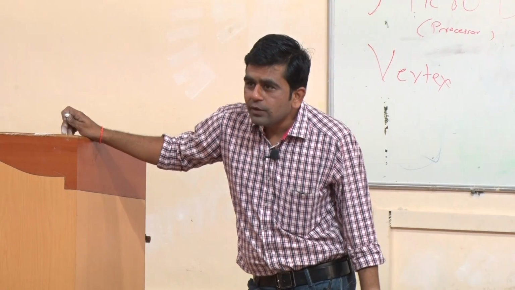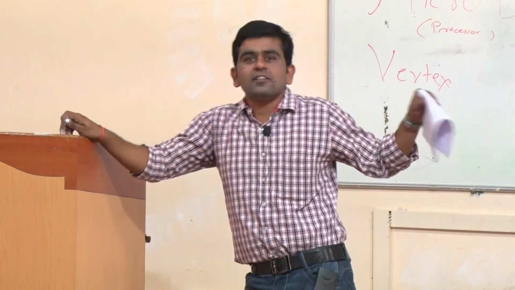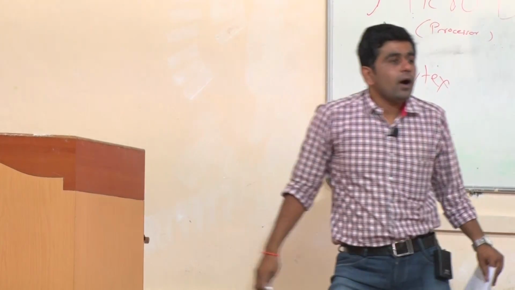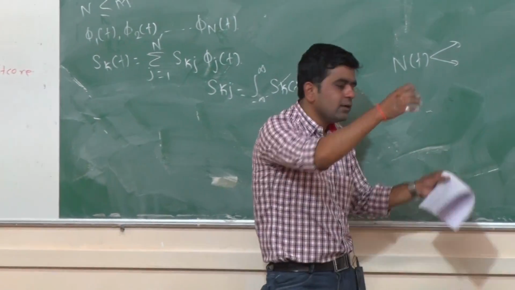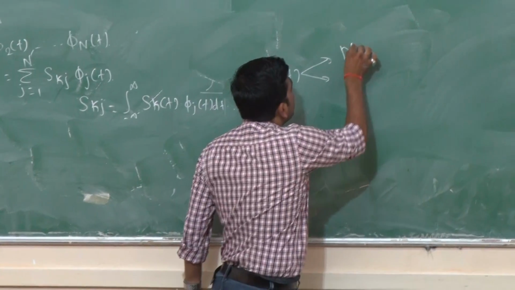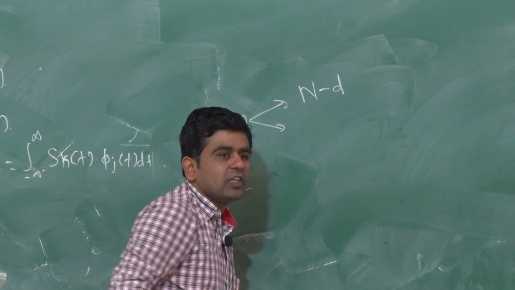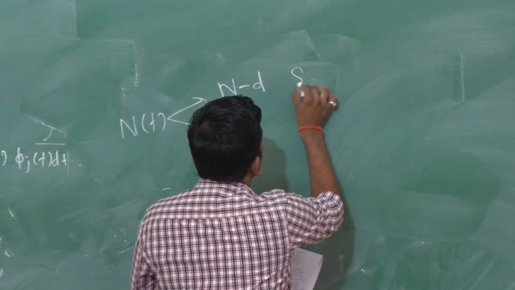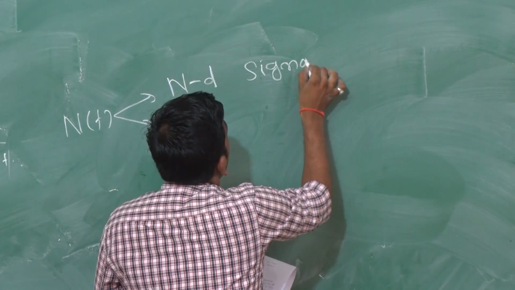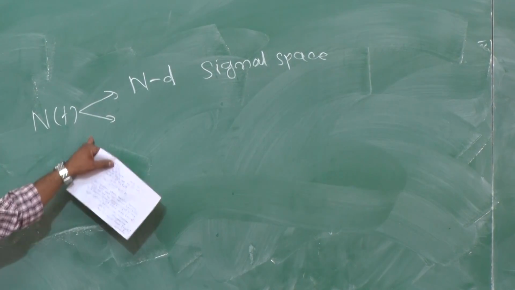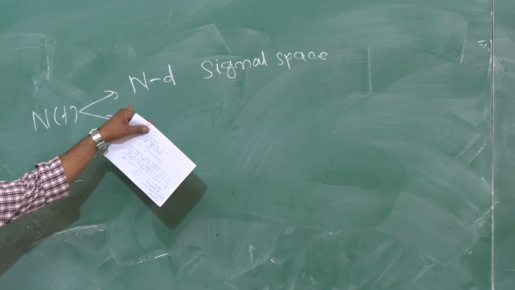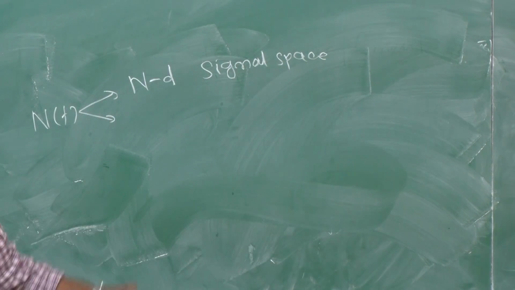Is it clear? Same way we can represent this n of t, which has infinite bandwidth, in two portions. First one, which can be represented by n dimension signal space: the portion of n of t which can be represented by n dimension signal space.